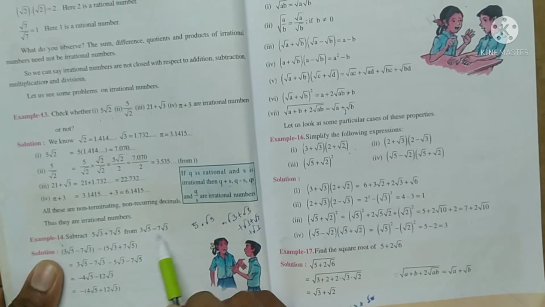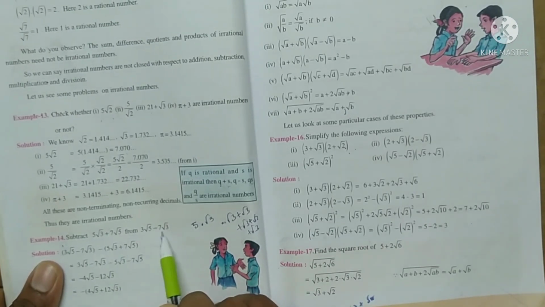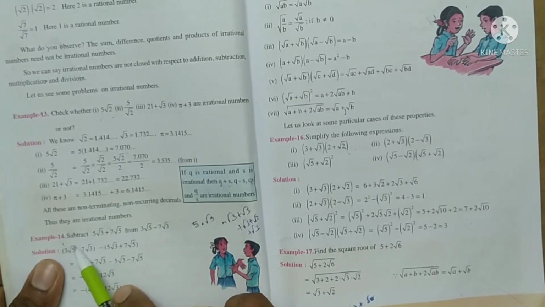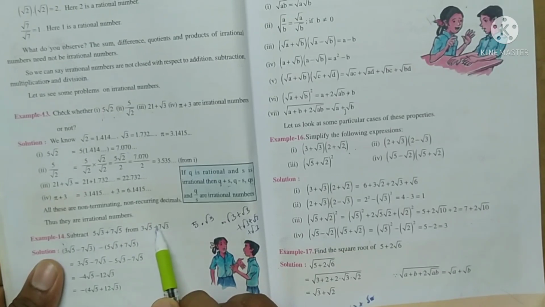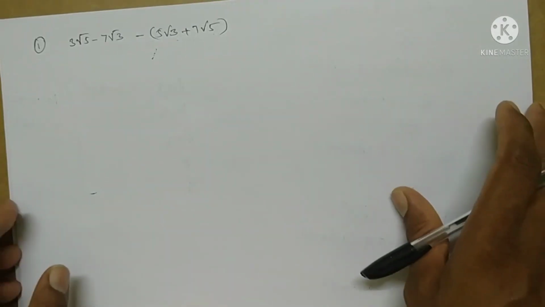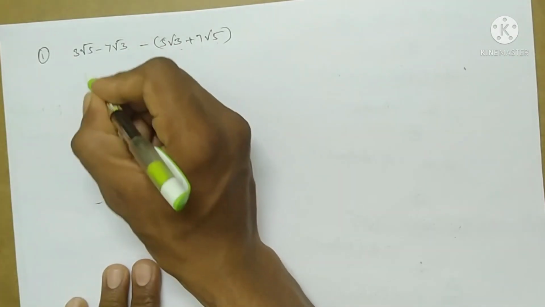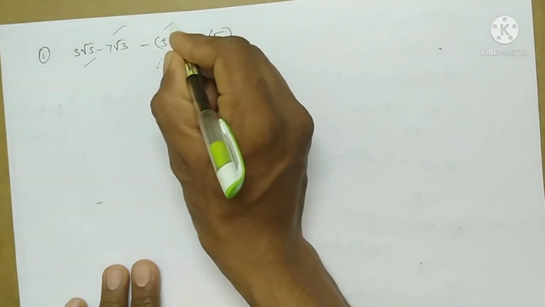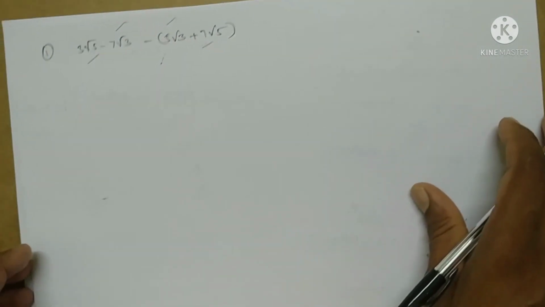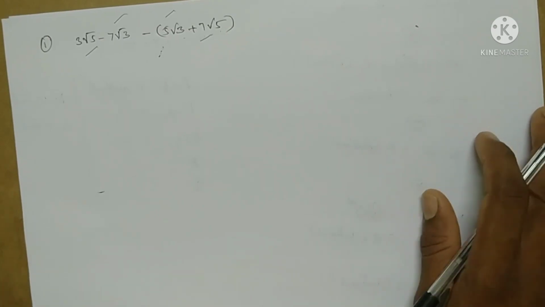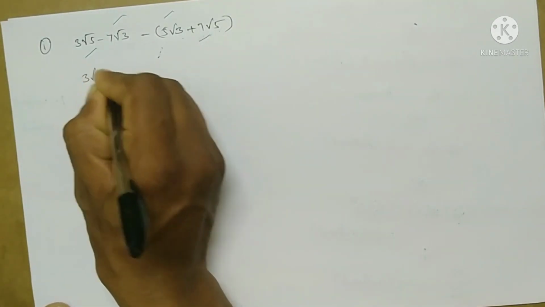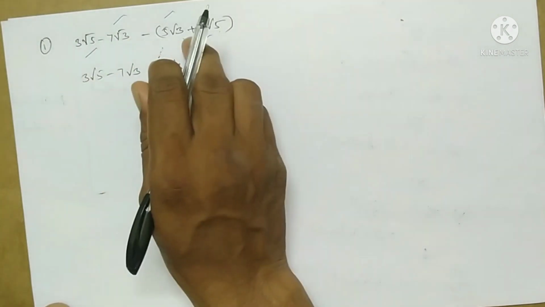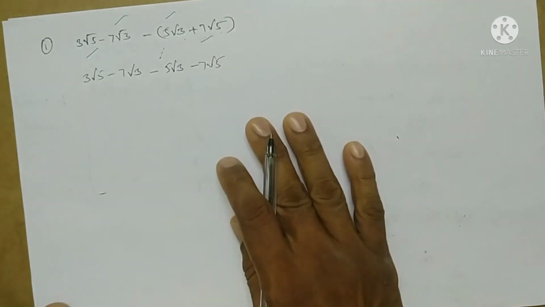Here 7 root 3 and 5 root 3 are like terms, right? Next, 7 root 5 and 3 root 5 are also like terms. So we have to subtract this number from this one. That is equal to 3 root 5 minus 7 root 3 minus 5 root 3 minus, into plus, minus 7 root 5.